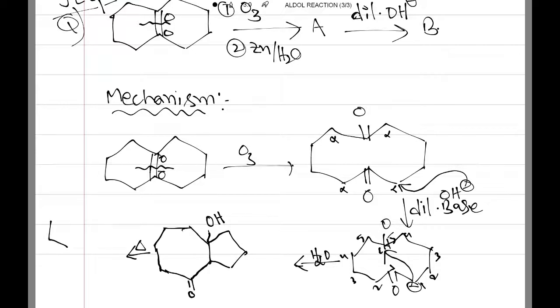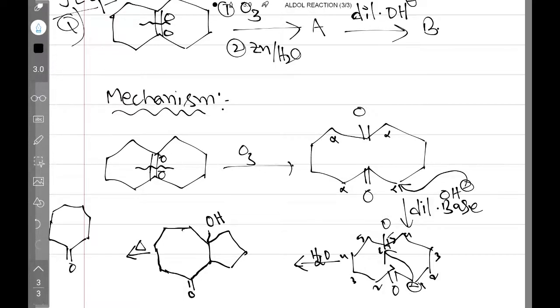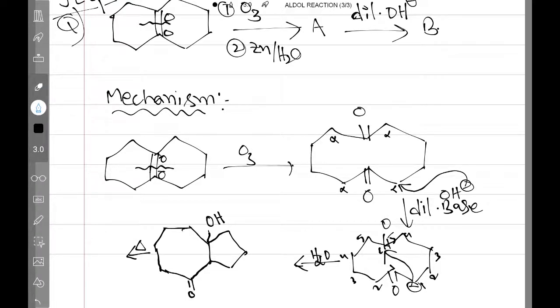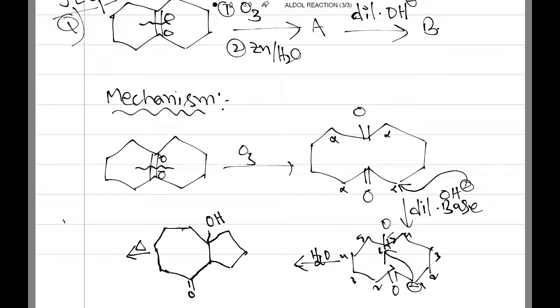This is the product of the reaction here: a 7-member ring with a 5-member ring, with this double bond.